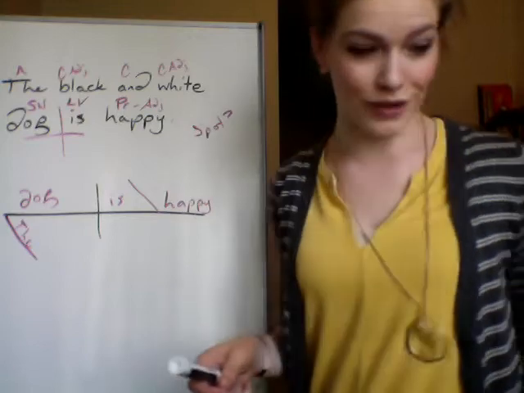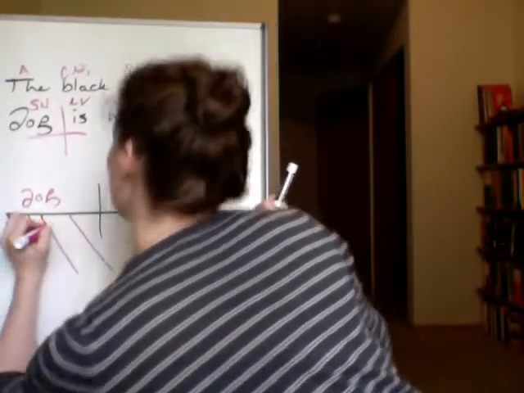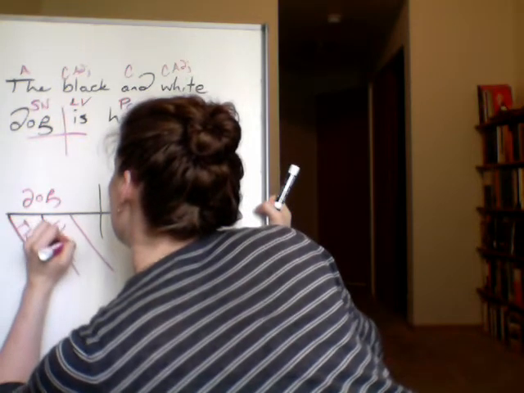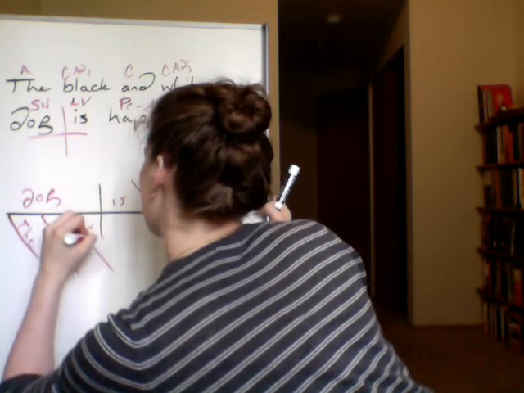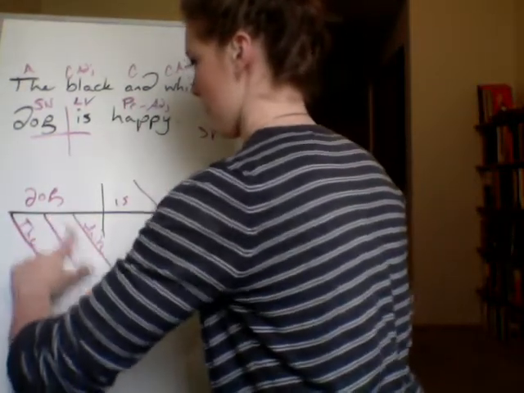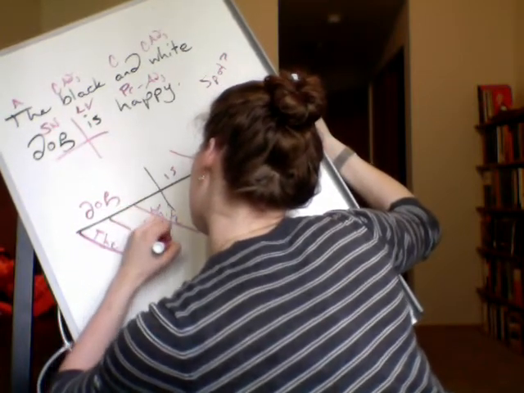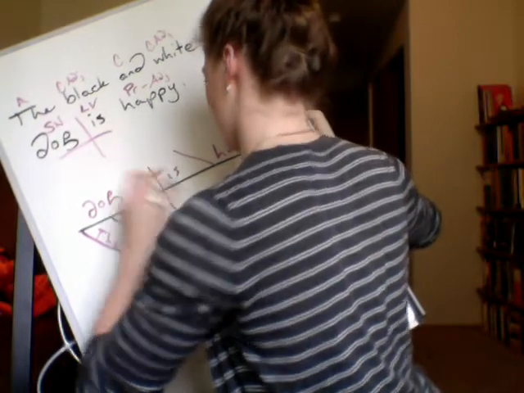This is where things get fun. You're going to do 2 lines down. Black goes on one, and white goes on the other, because that was our type of dog. I need to write that further down. This is so difficult at an angle. Black. Okay, and then let me fix white, because it looks weird too.